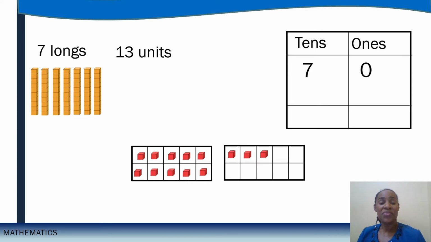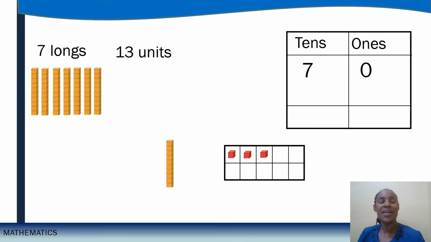From our 10 frames, we can see that we have one full 10 frame. On that 10 frame, we have 10 ones. We can rename that 10 ones as 1 long. So we will rename this 10 ones as 1 long.